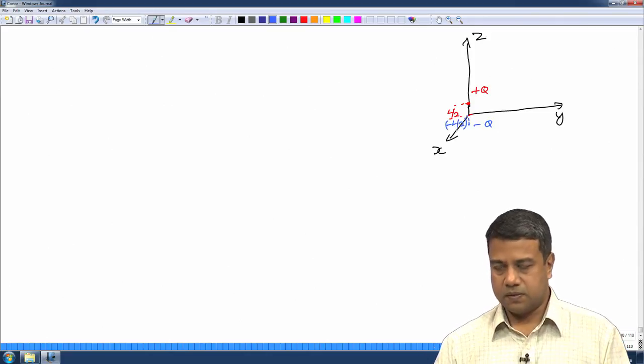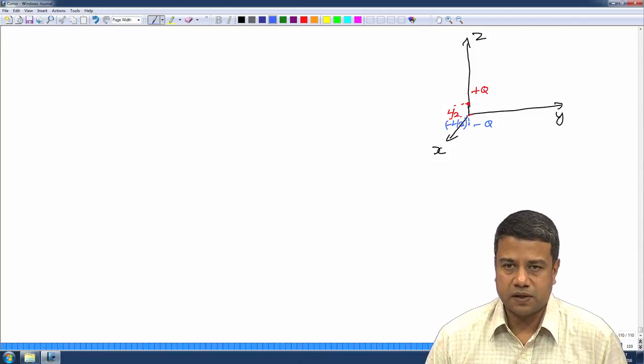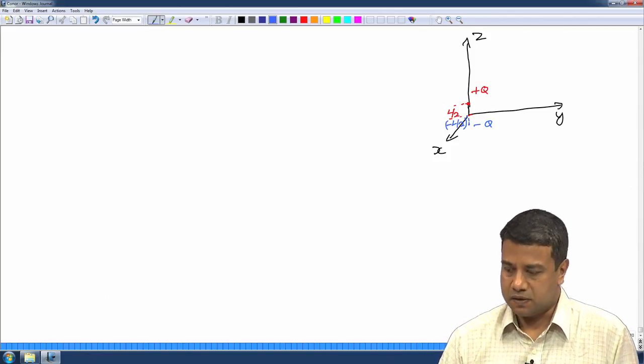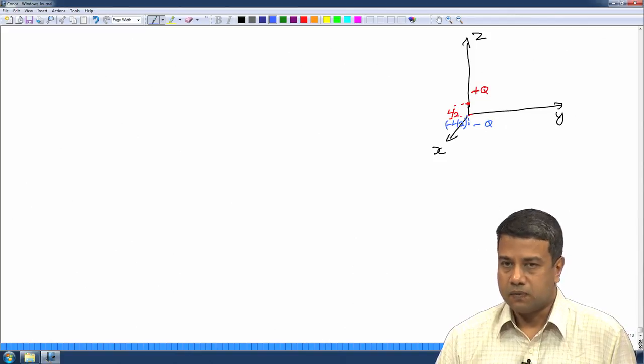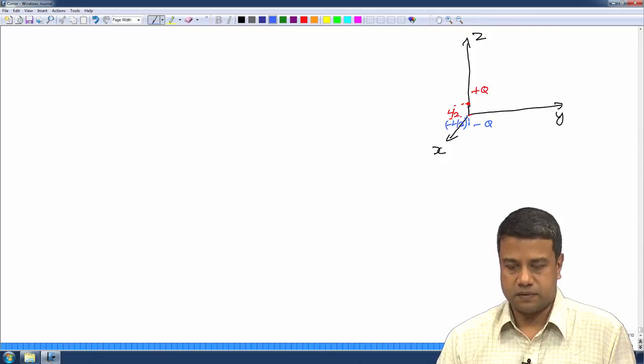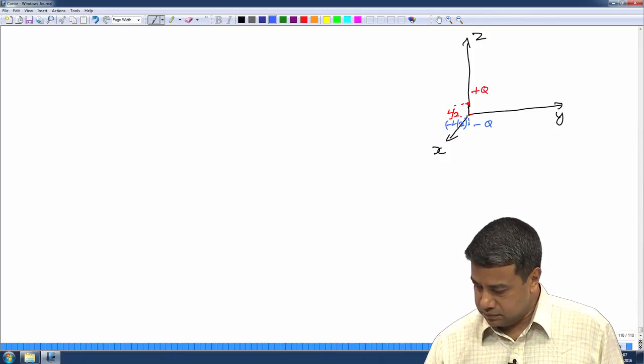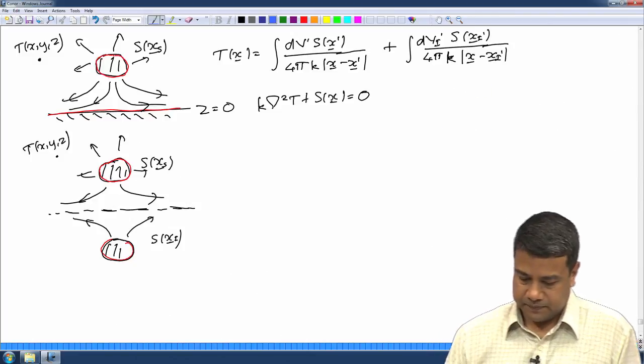So, we have a combination of a source and a sink which are separated by a distance L along the z direction. What is the result for the temperature field that I would get for this configuration? We had actually solved this.